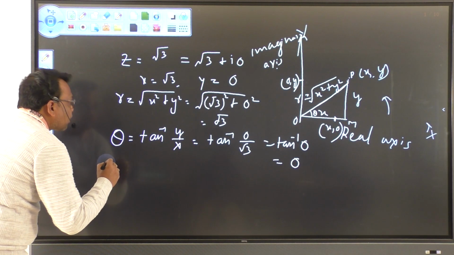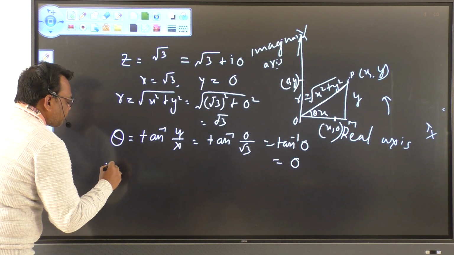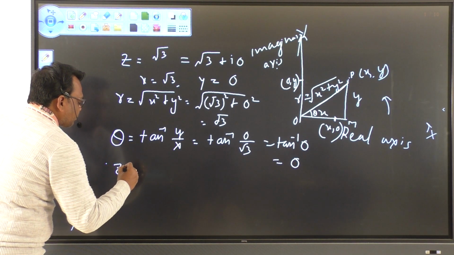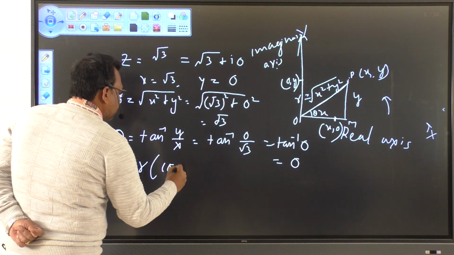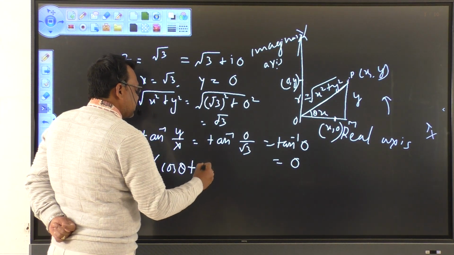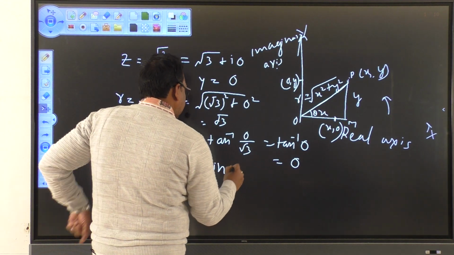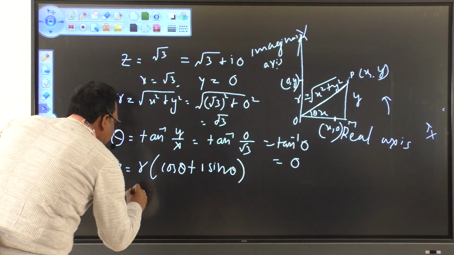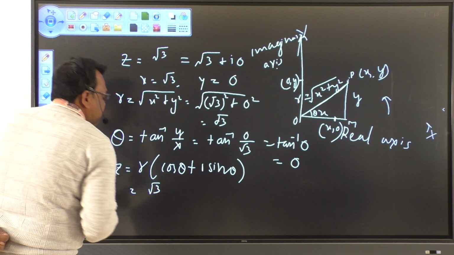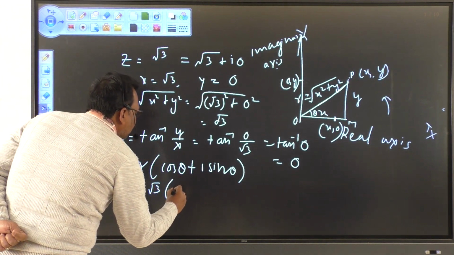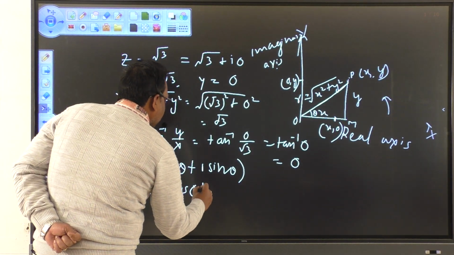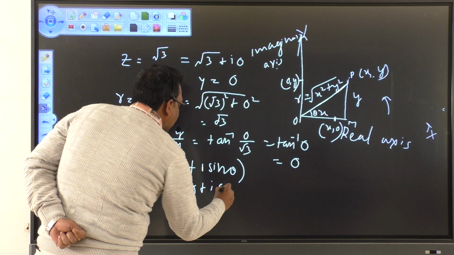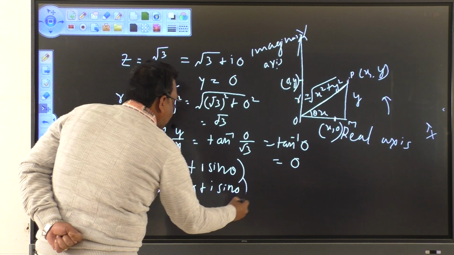Now the polar form of the complex number root 3. The formula is r whole into cos theta plus i sin theta. That is, the value of r is equal to root 3 whole into cos, the value of theta is equal to 0, plus i into sine, the value of theta is equal to 0.